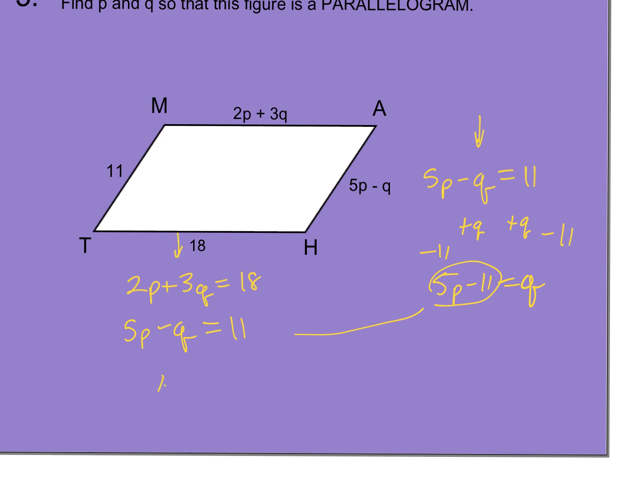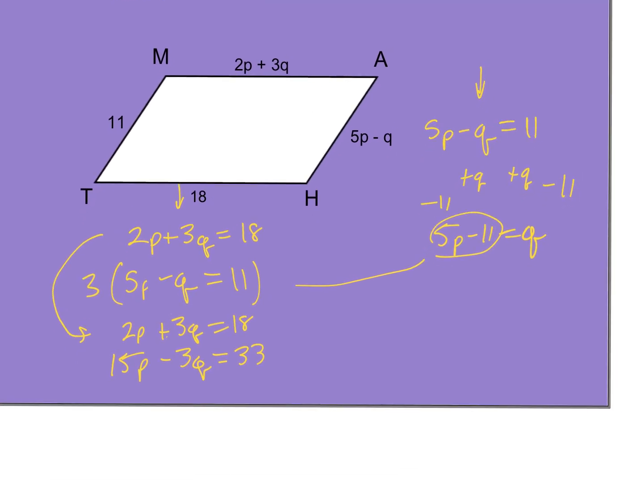If I notice I have 3Q and then negative Q, I want to multiply this thing by 3. In doing so, I get 15P minus 3Q equals 33. This stays 2P plus 3Q equals 18. So I kept the top as it is.